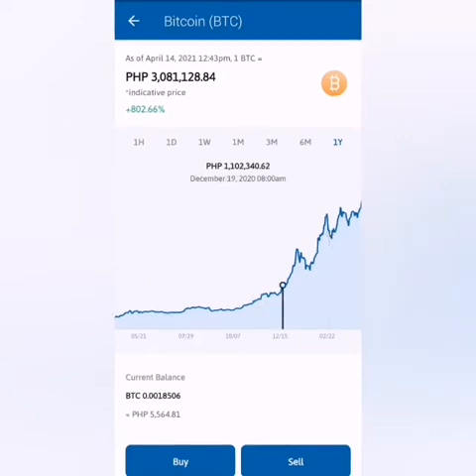As we all know, during the last month or 2 months, I think, there was news that the company Tesla Motors has bought billions of dollars worth of bitcoins, and that's the reason why the bitcoin value skyrocketed.